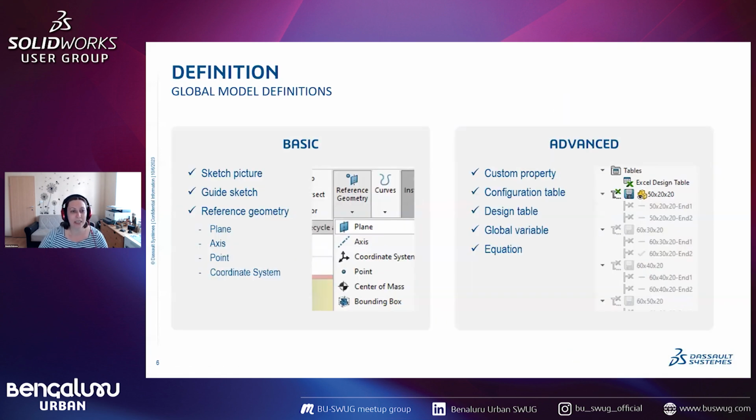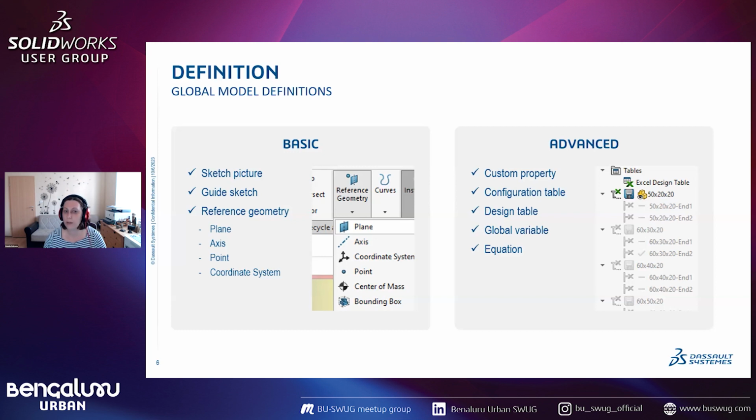When we are defining our model, we first have the global modeling definitions. These are the sketch picture. What is actually a sketch picture? This is a sketch in which you give a lot of information about your model. You can draw almost everything there, but you do not use this sketch for any feature.